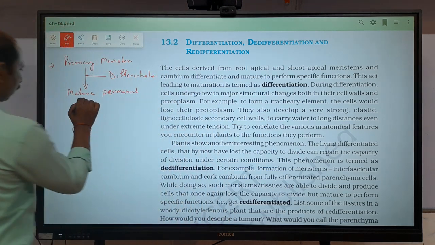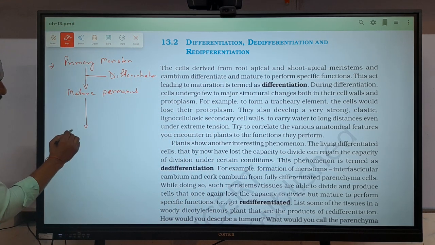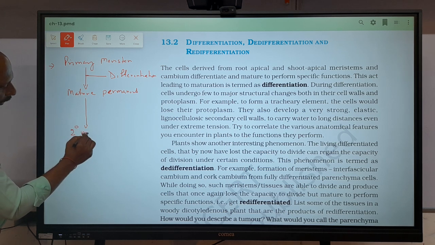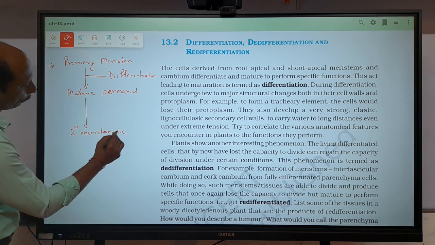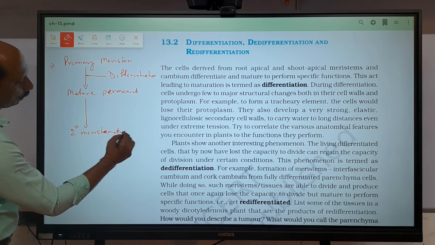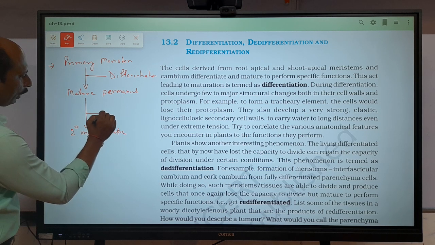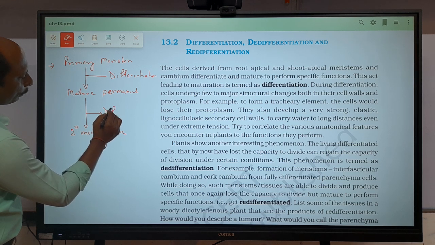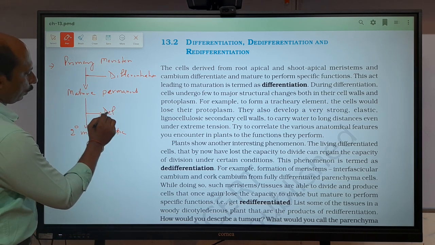Then some of the mature cells convert once more into secondary meristematic tissue, or secondary meristem. Now this time it is called de-differentiation.